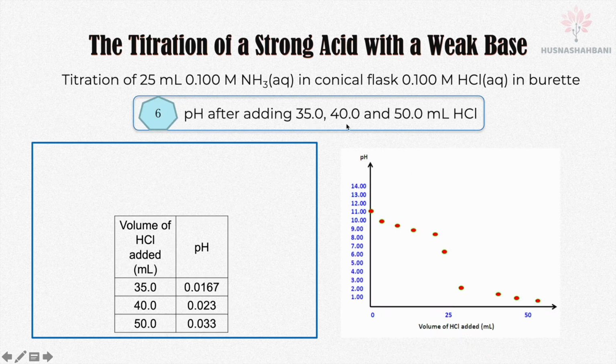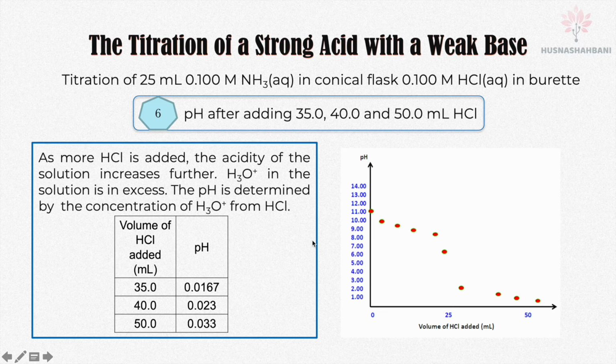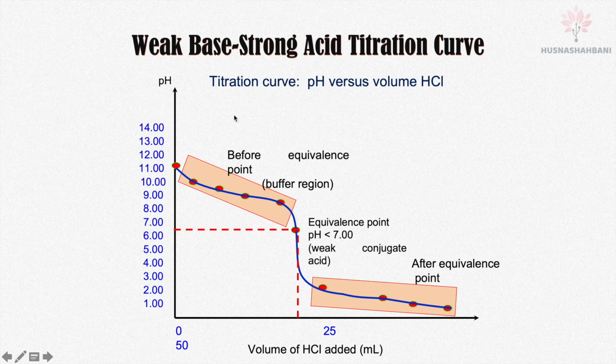Next, you add 35, 40, 50. HCl will become the excess reagent, and then you calculate as before, pH equals negative log H3O plus, and you will plot the curve. This is the weak base strong acid titration curve, pH versus volume of HCl.